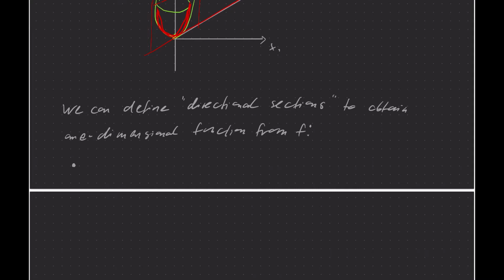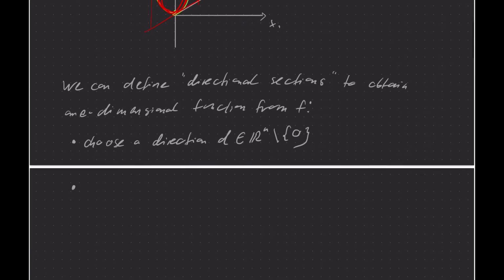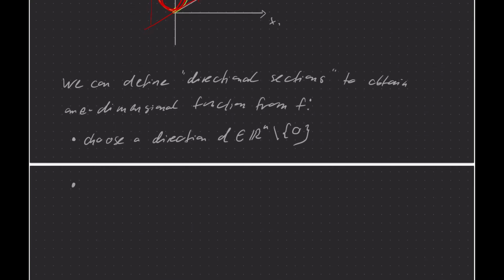We first choose a direction. We call this direction d. And the direction is simply a vector in R^n that is not the 0 vector. So any vector in that x1, x2 plane or in the general x1 to xn space that gives us a direction that's not 0 straight away. And then we consider the line through 0 along this direction.